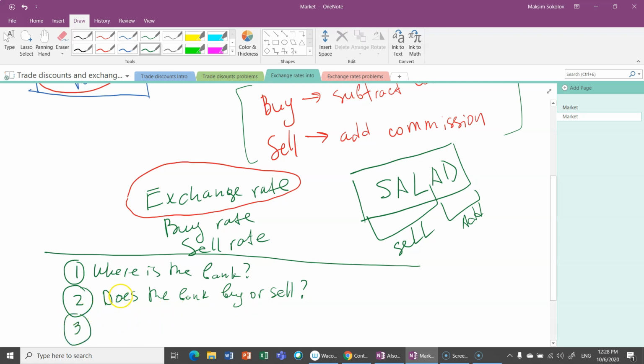Remember that the bank can only buy or sell foreign currency. That's why when you know where the bank is, you know which is the foreign currency, and you can identify if the bank buys or sells that foreign currency. Then if it's a sell rate, add commission, and you remember it by the word salad. And if it's buy rate, it's subtract commission. And you go from there.